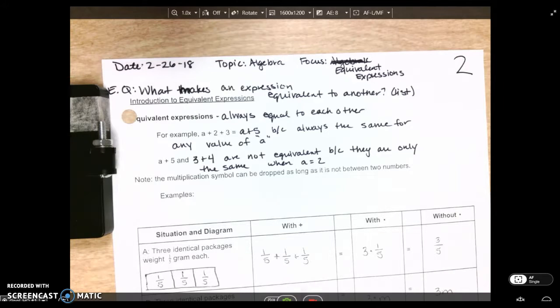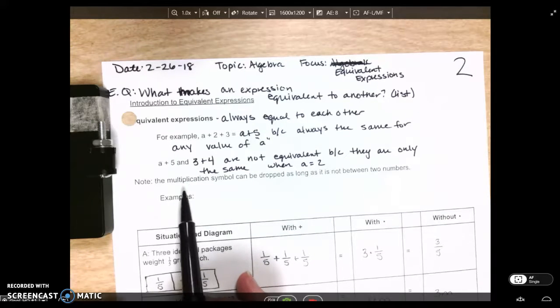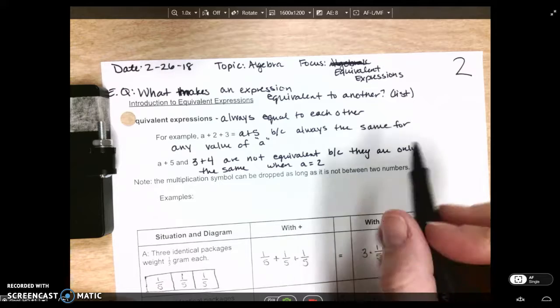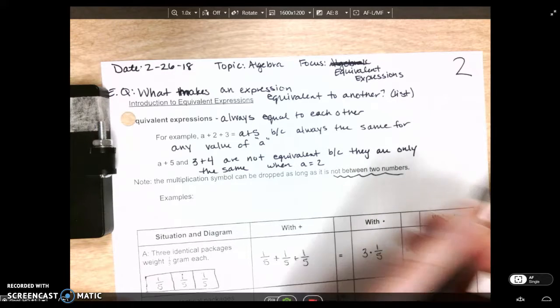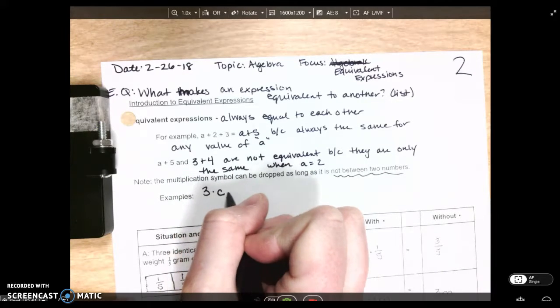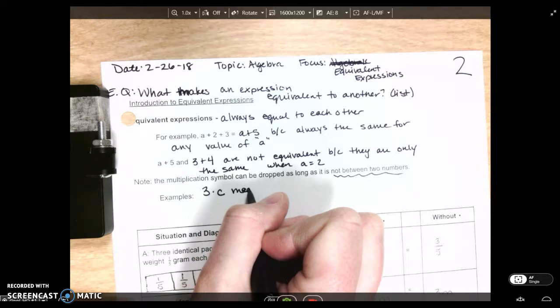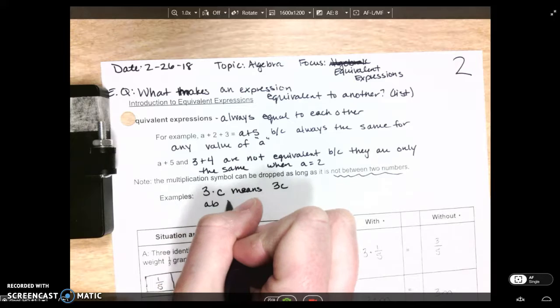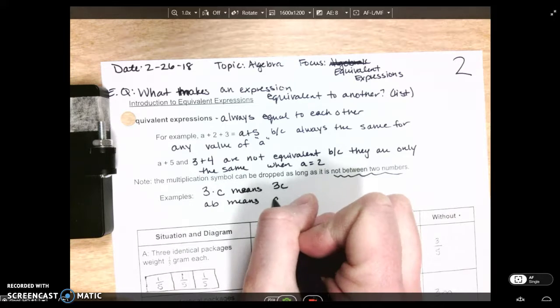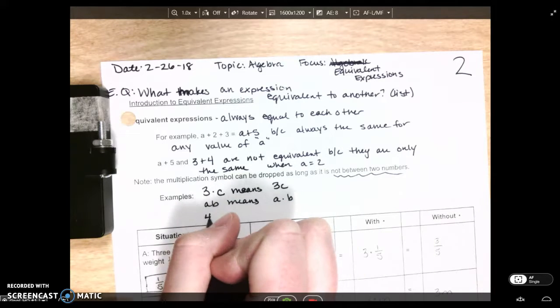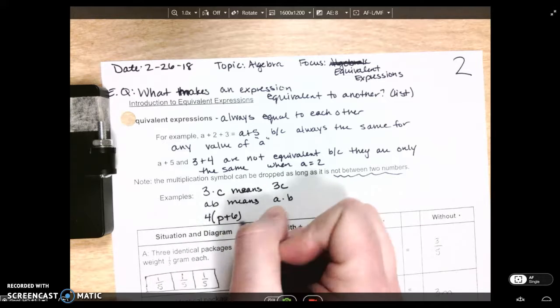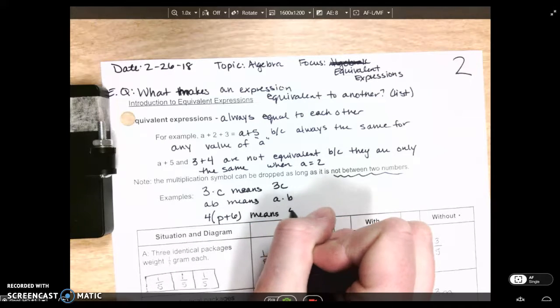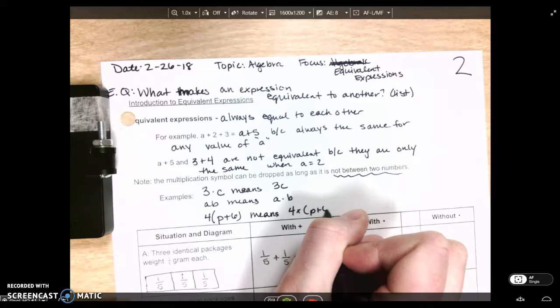Before I continue with this piece down here, there's one piece of notation that I want to make sure that we're confident with, is that we can drop the multiplication symbol as long as it's not between two numbers. So for example, if you saw AB, it means A times B. If you saw 4P plus 6, it means the same thing as 4 times P plus 6.